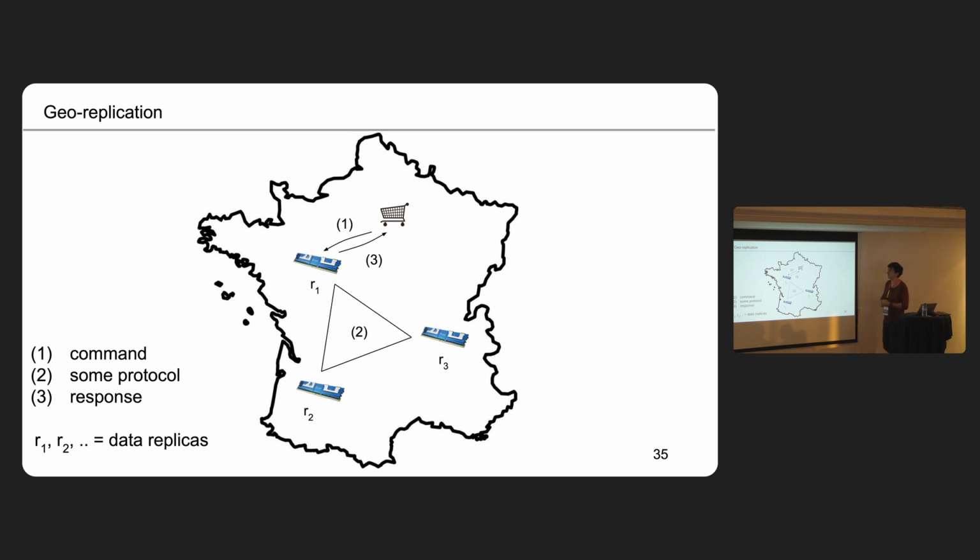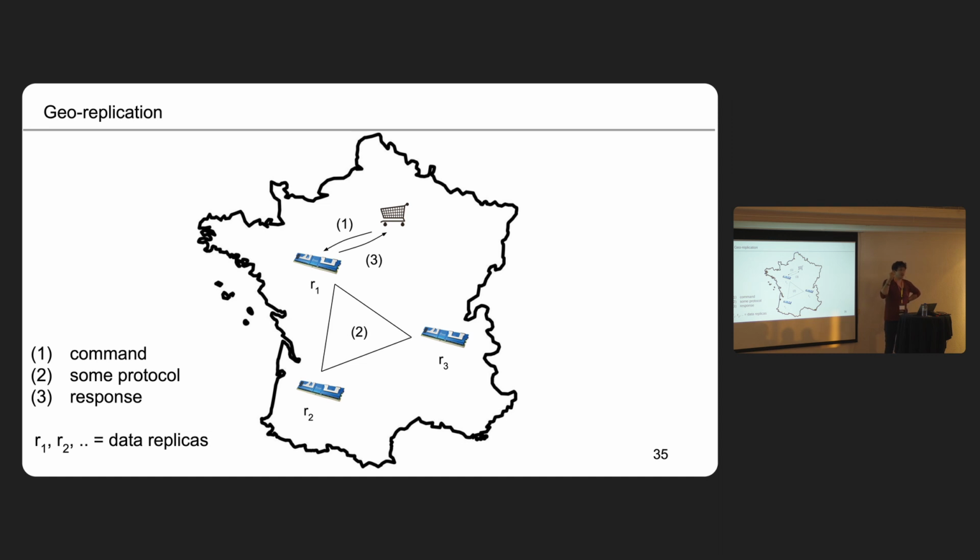So here we have a simple schema in which you have a client that is accessing some service that is backed with some persistent storage, and it executes what we will call in the talk a command, that is an operation. And we have then some data replicas. A replica is a physical copy of a logical data item, okay?